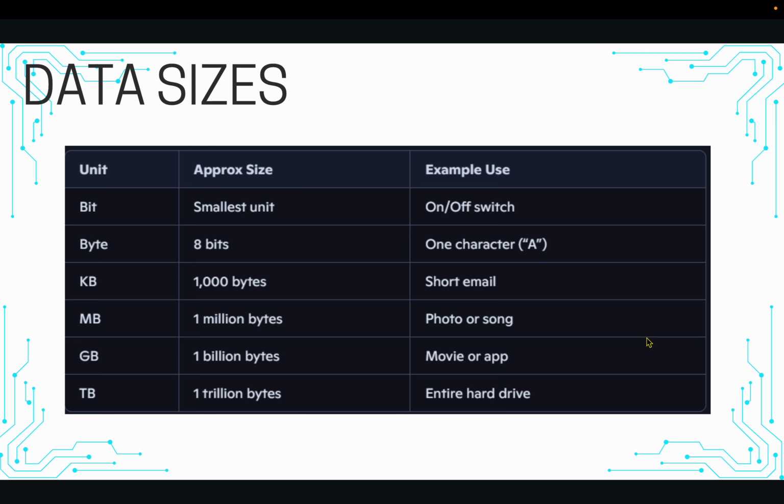So that would be your gigabytes. And your terabytes, this is generally for my gamers. Then you know that your game console generally starts at a terabyte. And obviously, that terabyte is still not enough to store your games. So you might have various hard drives that you connect with various terabytes on them to store your stuff. So these are your data sizes. Okay, so just keep that in mind.